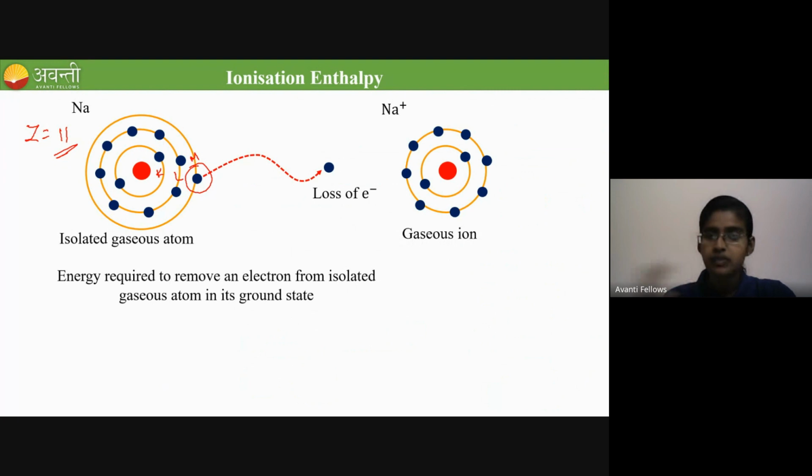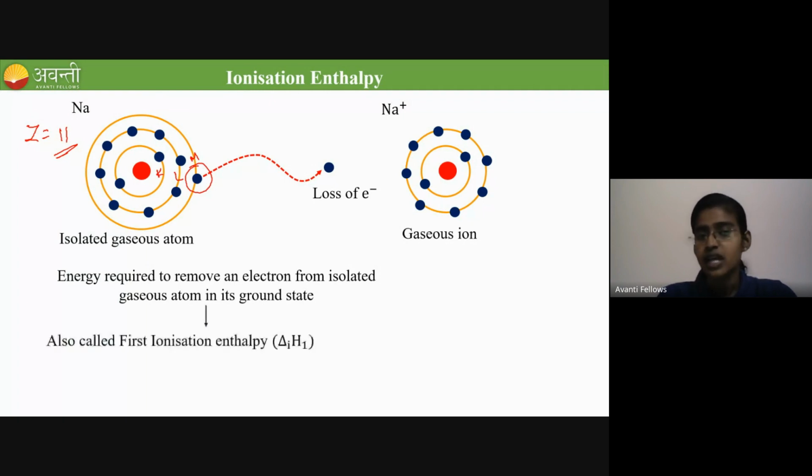I am giving the energy from outside to this particular sodium atom, and it is taking the energy which I am giving. Since I am removing the first electron from the sodium atom, this ionization energy is also called first ionization enthalpy or first ionization energy.